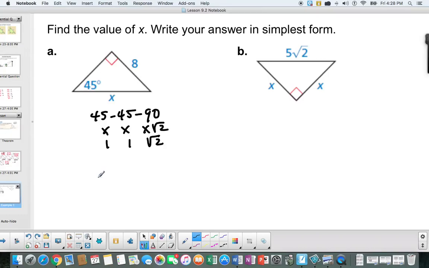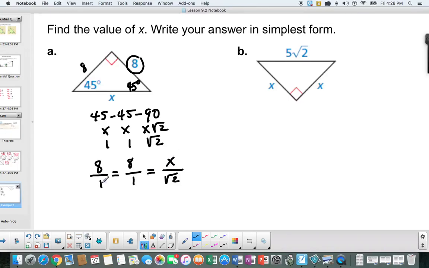Now, to help you out, we're going to set up a proportion. In the bottom, we're going to write the ratio, 1, 1, root 2. Then I'm going to take this number and put it above one of the 45 representations. So I'm going to put an 8 here. And I know that if this is 45 also, then this will be 8 as well, so I'll put an 8. Then the hypotenuse I'm going to put above the root 2.